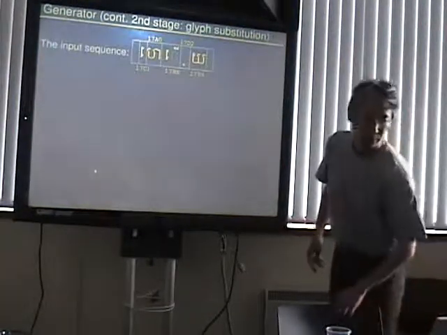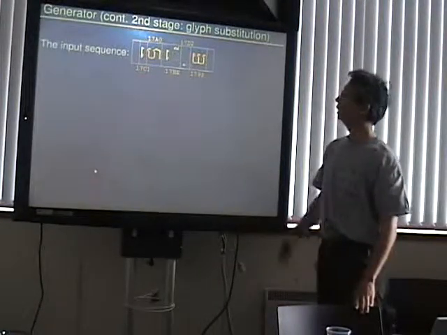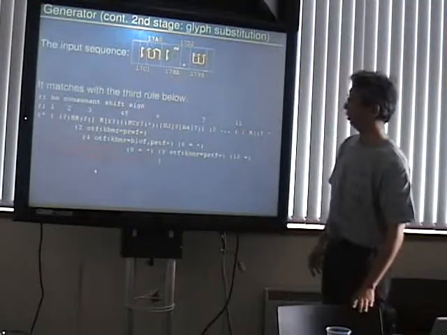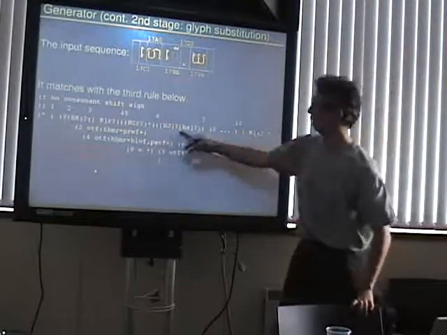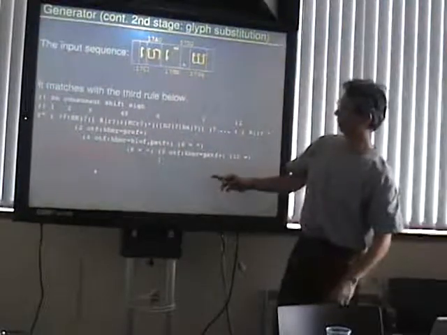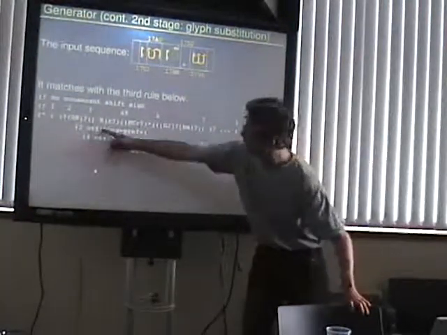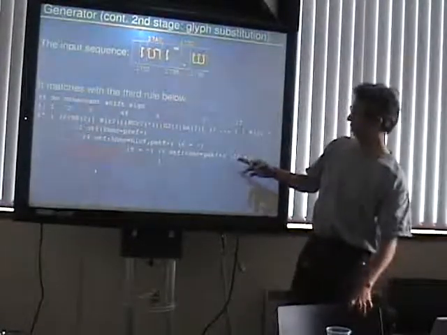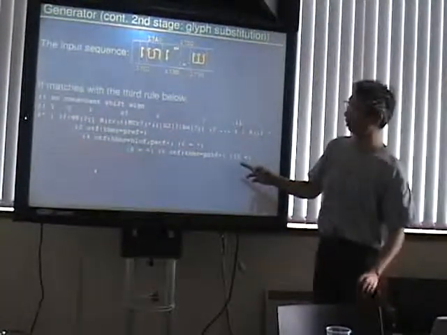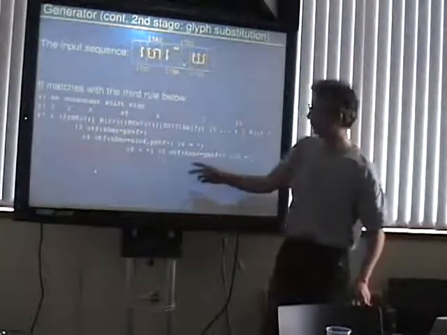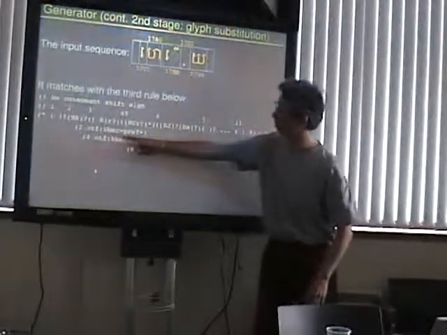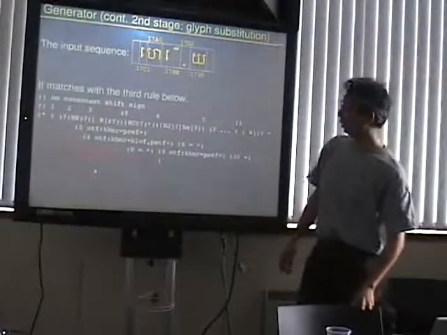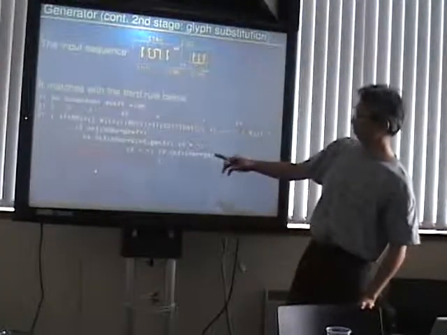And the current example input sequence, this one, matches with the third group, this one. And this third rule has these commands. The format is almost the same as the previous one. The difference is that we have a special command here for driving OpenType features.